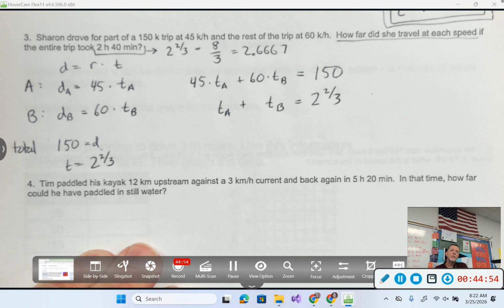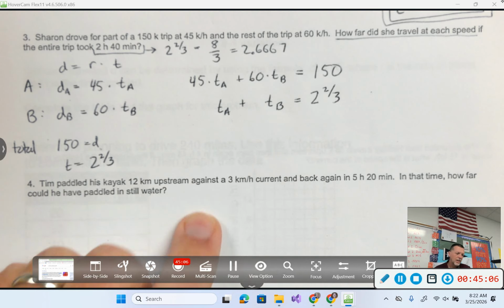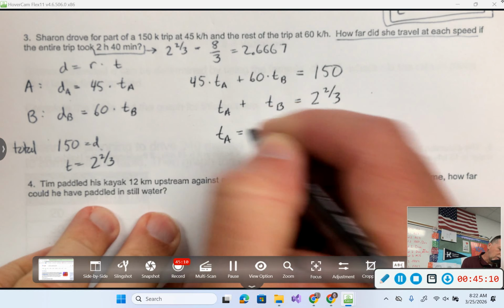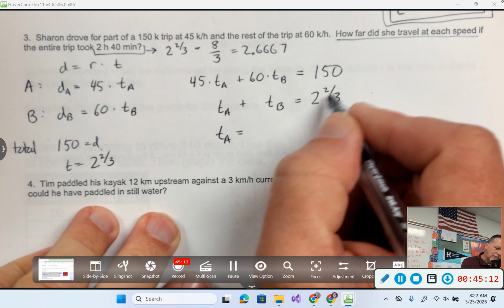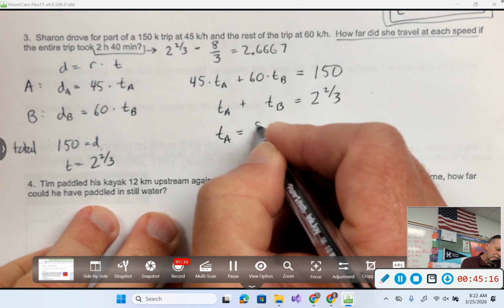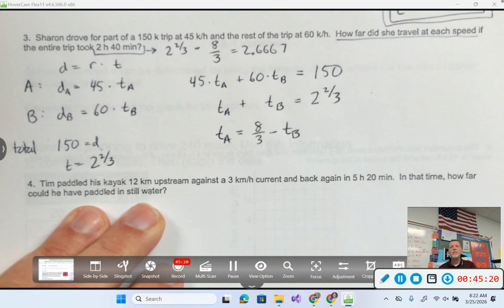Would you like to do substitution or would you like to do elimination? Do you remember those? Probably substitution, since you can solve for TA or TB pretty easily. So TA equals, I don't like 2 2/3. 8/3 feels weird, but we'll go with 8/3.